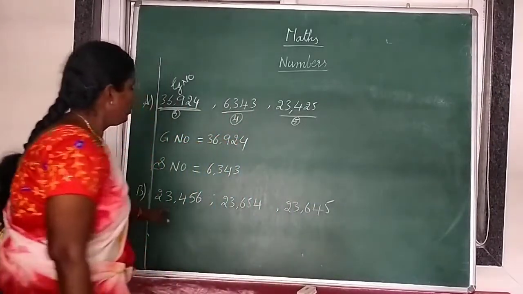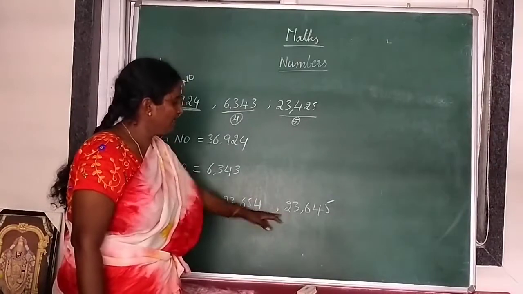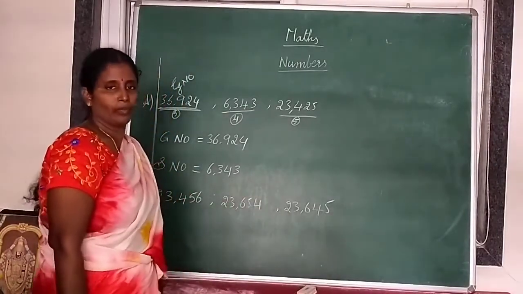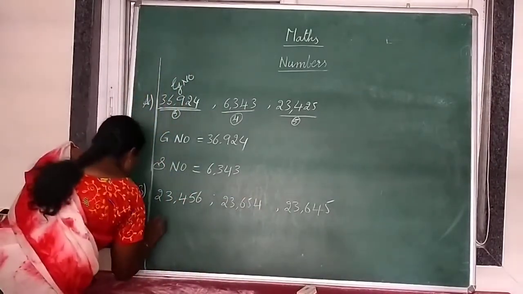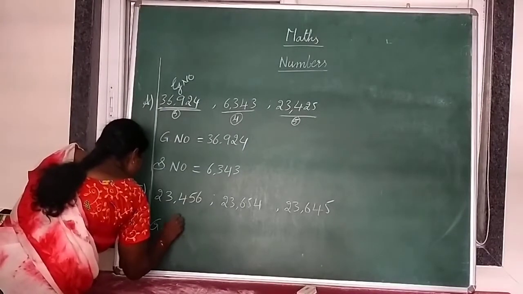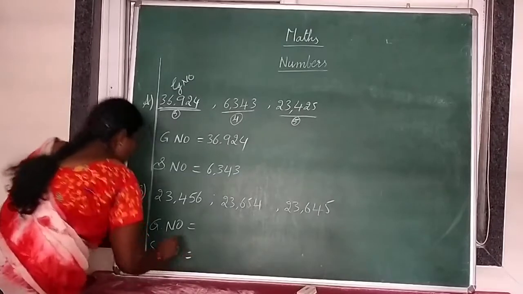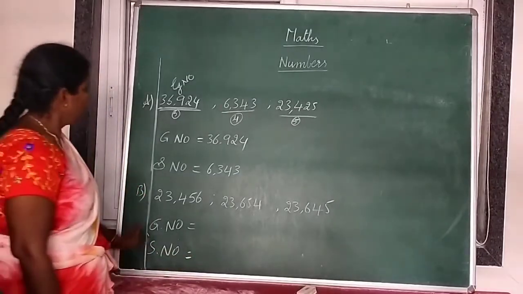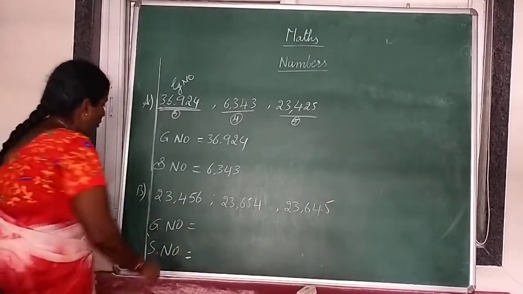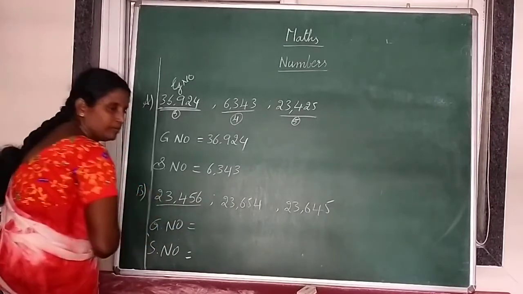Now you have to find the smallest and greatest number from these numbers. Okay. So first find out the greatest number. To find either greatest number or smallest number, first we have to count the number of digits. How many digits in the first number?